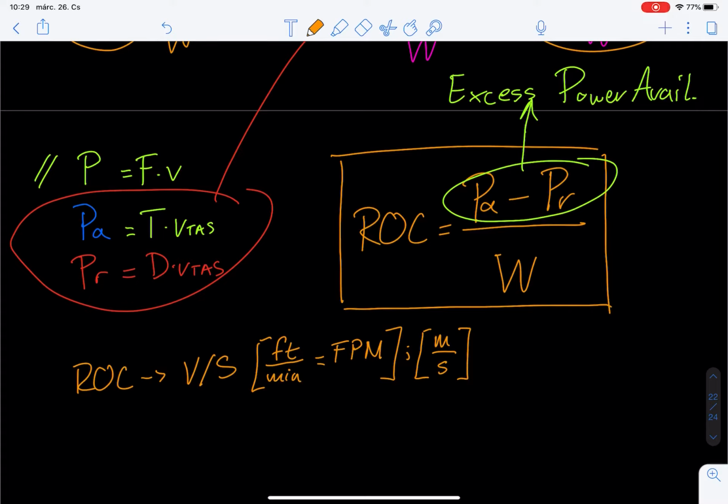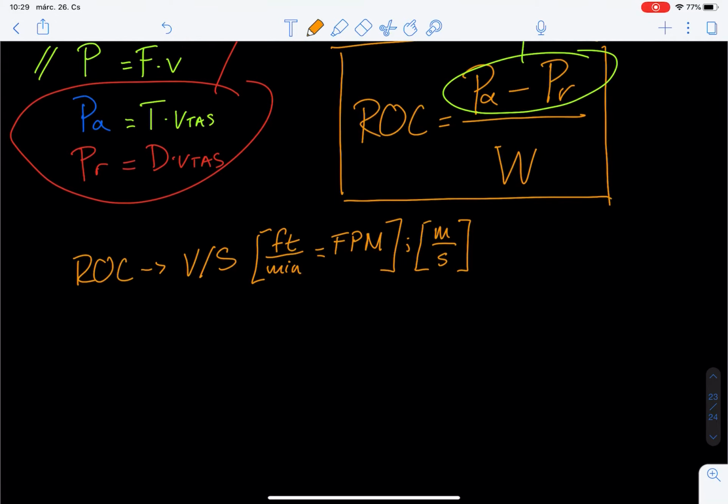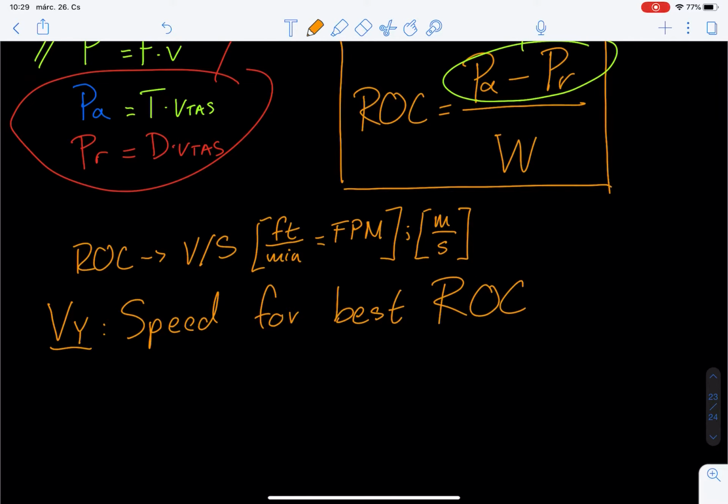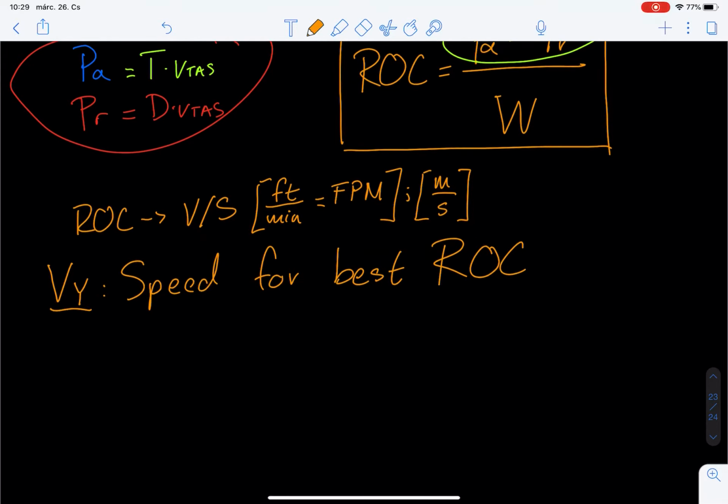Now we're going to look at the speed where the rate of climb is greatest at any given point. This is defined as the so-called Vy, the speed for best rate of climb.